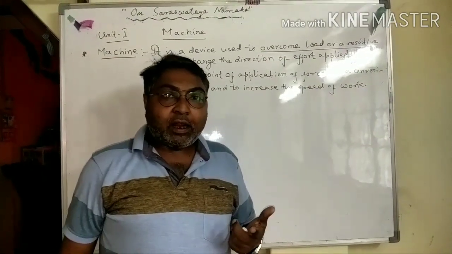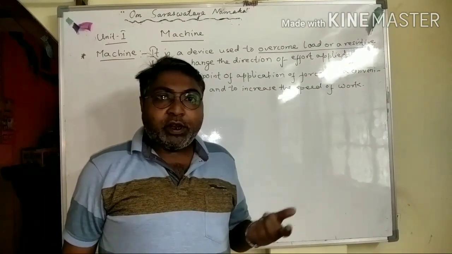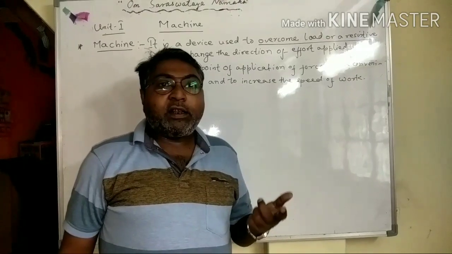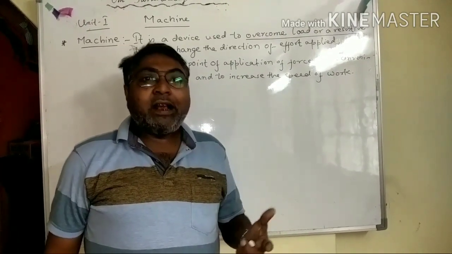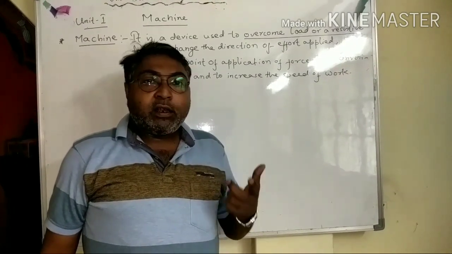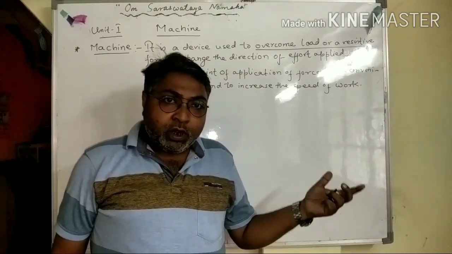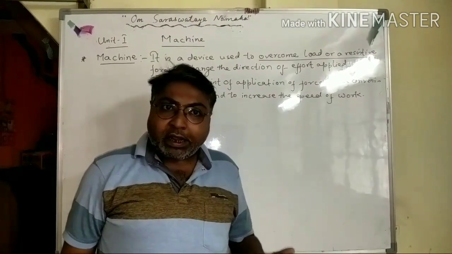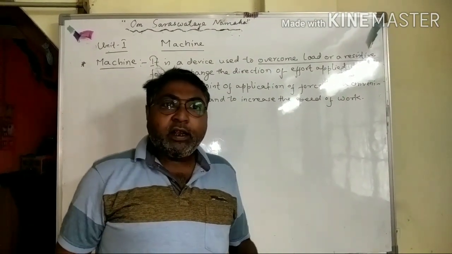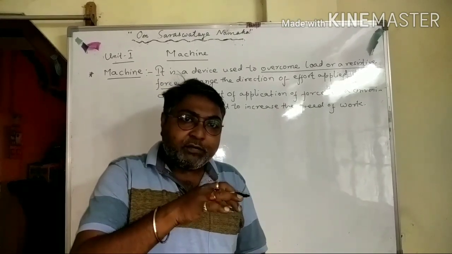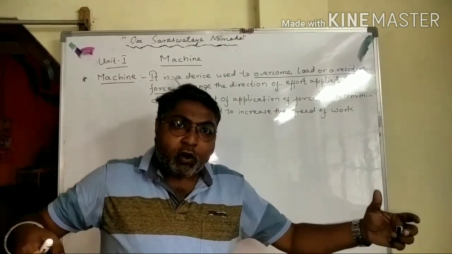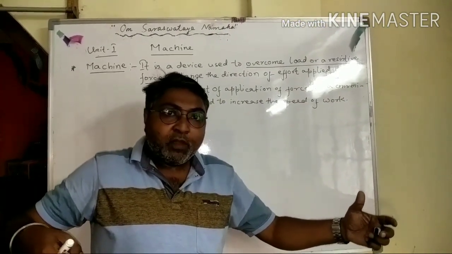Example, screw jack. You must be very much acquainted with the fact that whenever a truck or a car tire gets punctured, the driver, in order to replace that punctured tire with a new tire, takes the help of a screw jack. It is a small device attached with a long handle, which we call a lever.